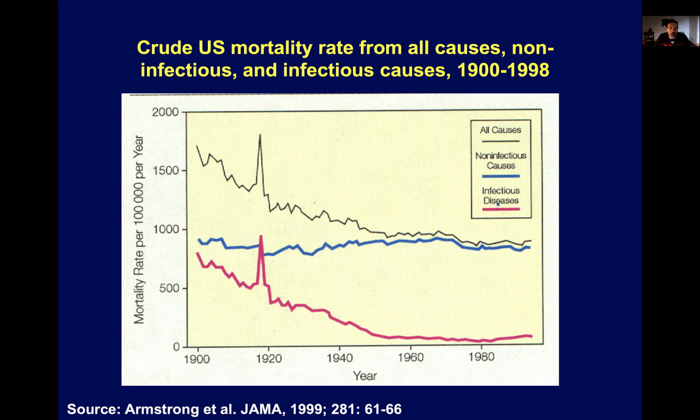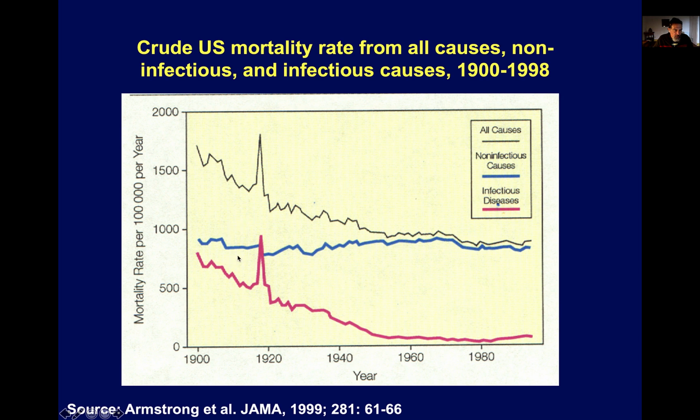So this slide is showing national data, the same sort of information, but starting from 1900. And the mortality rate is per 100,000 per year. This is showing the same trend that we saw in the prior graph, the all-cause mortality rate over time.